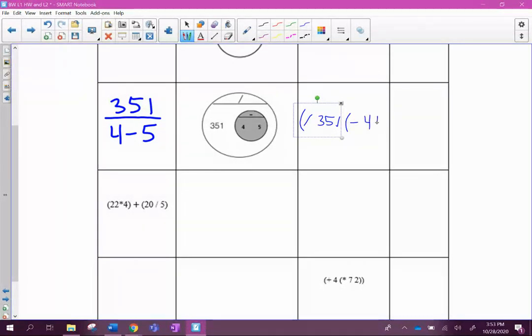Then I have a 4 and a 5. And then we have 2 sets of parentheses. Okay? So if we're evaluating this, we want to evaluate the bottom first. So 4 minus 5 is -1. So this is really 351 divided by -1. So my answer is going to be -351.